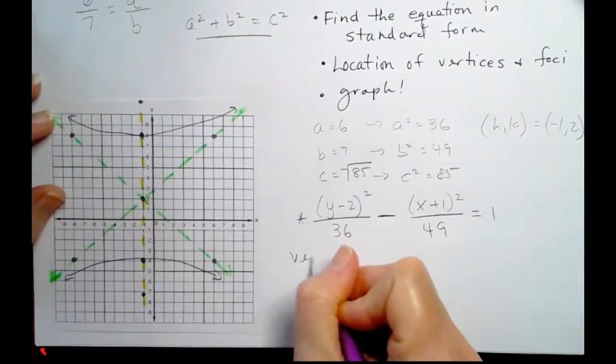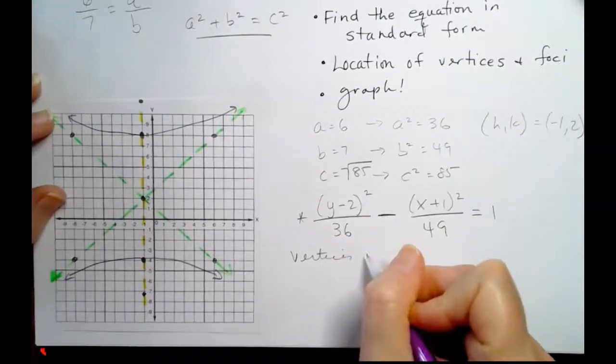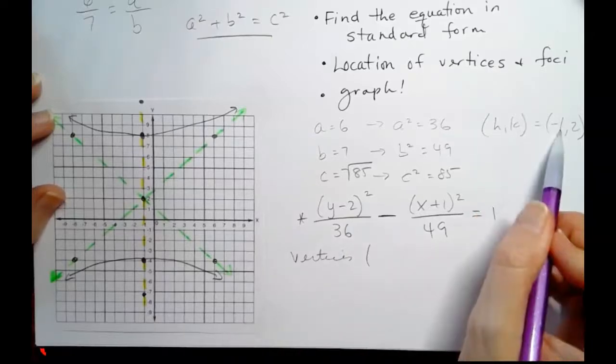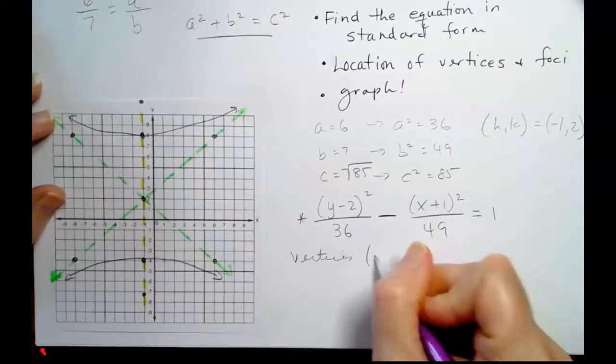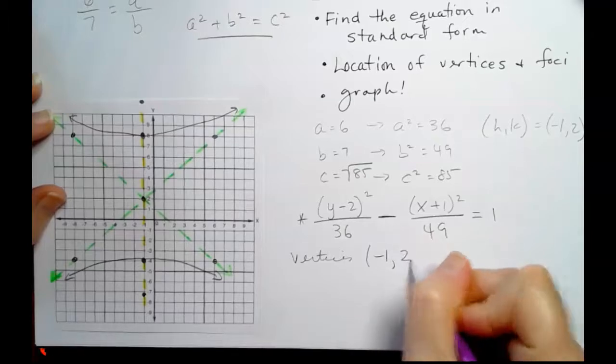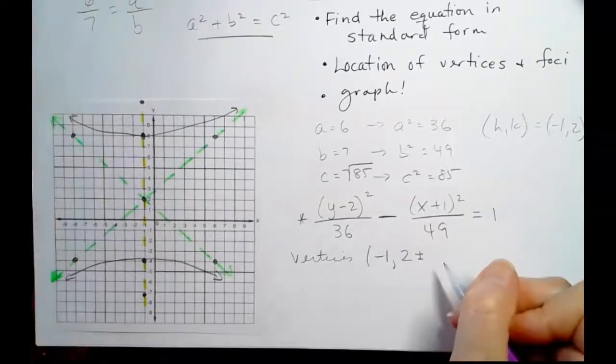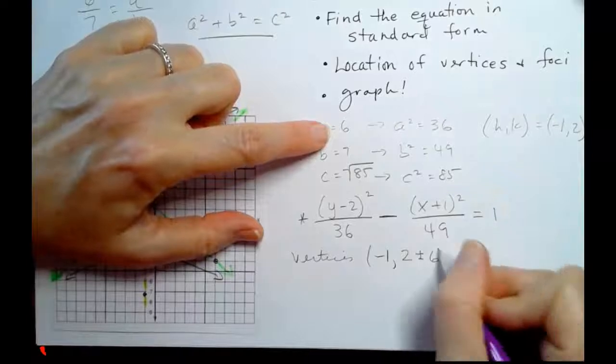Let's give the location of the vertices and the foci. So we've got vertices at, and once again, the h value is not going to change. So it's going to be -1, and then it's going to be 2 plus or minus the a value, which is 6.